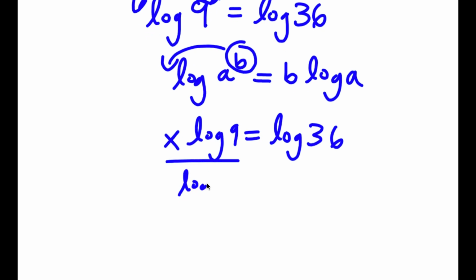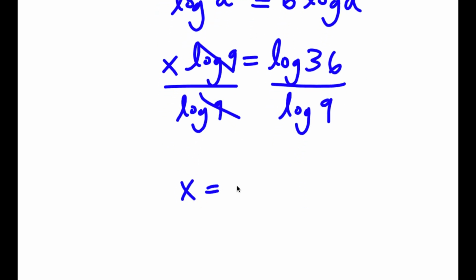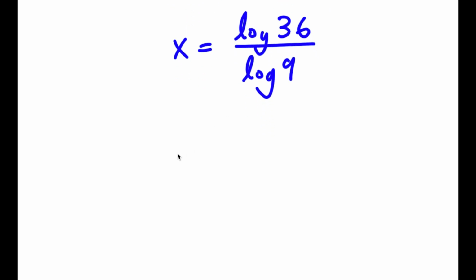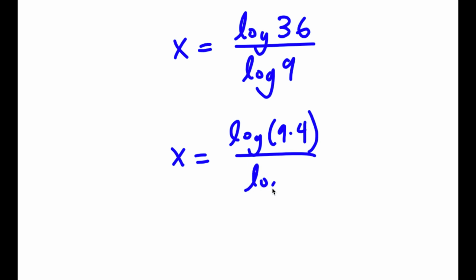Now if I divide both sides by log 9, these two cancel out, and I have x is equal to log 36 over log 9. Now log 36 is the same thing as log of 9 times 4, so I have that over log of 9.